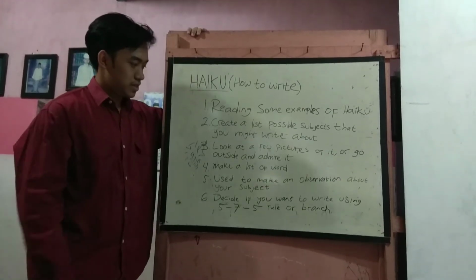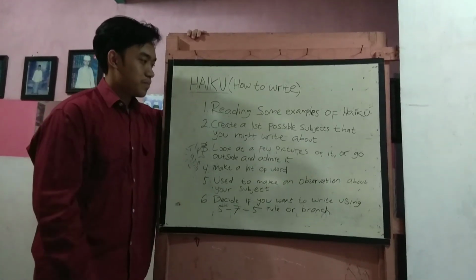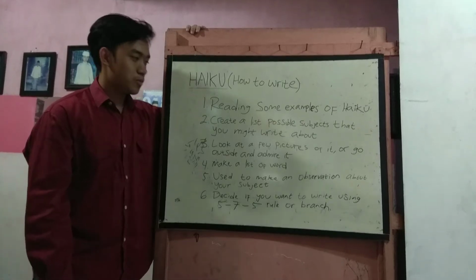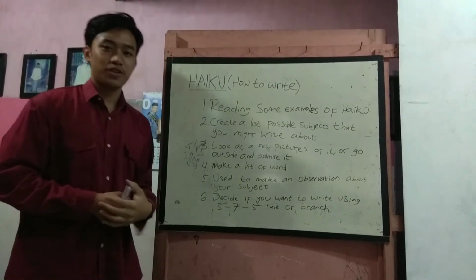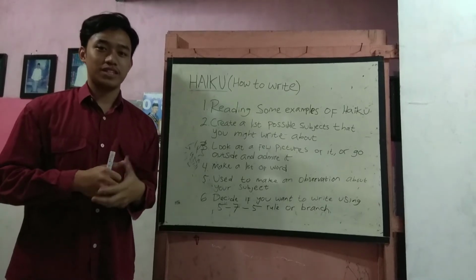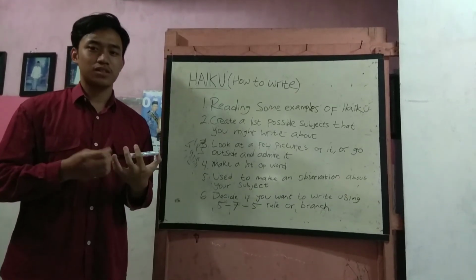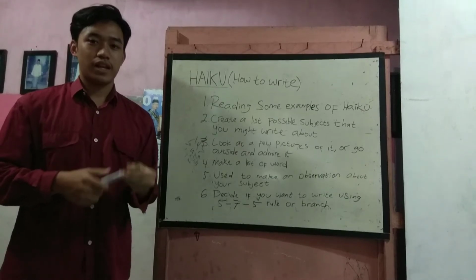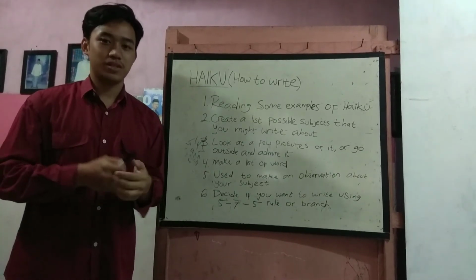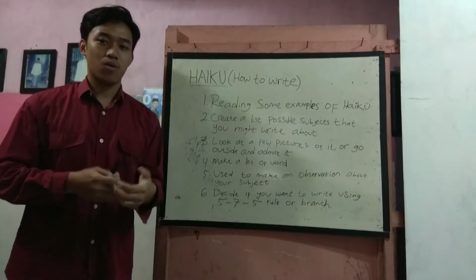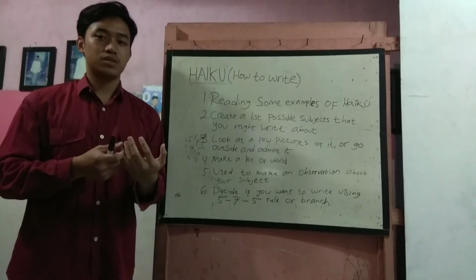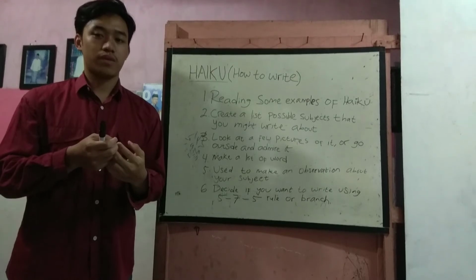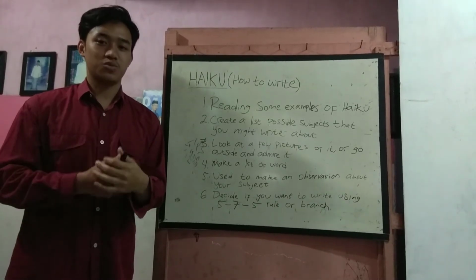The next step is to create a list of possible subjects that you might write about. Consider various aspects of nature that inspire you, traditional subjects like animals, nature, and seasons, or something completely different. Even the smallest details can make for a great haiku.